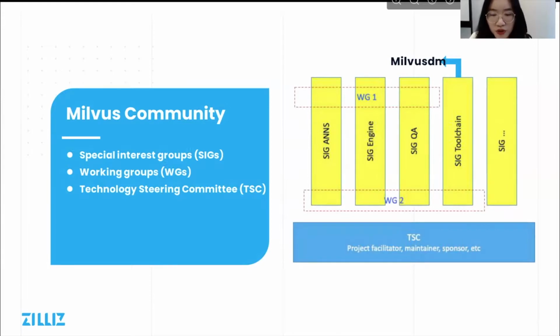Milvusdm is a project of the SIG, and we warmly welcome you to join our community. For example, you can join us as a participant, a contributor, a reviewer, and a committer. In short, you will be a part of the community by sharing and discussing your ideas in the open source.